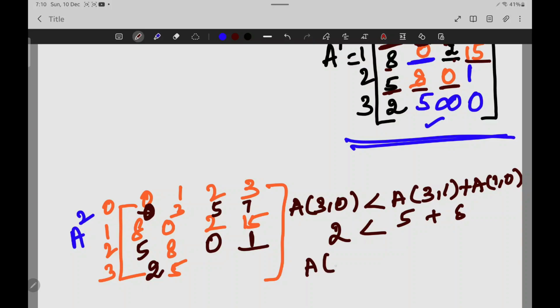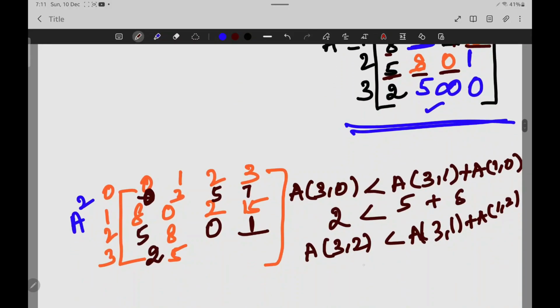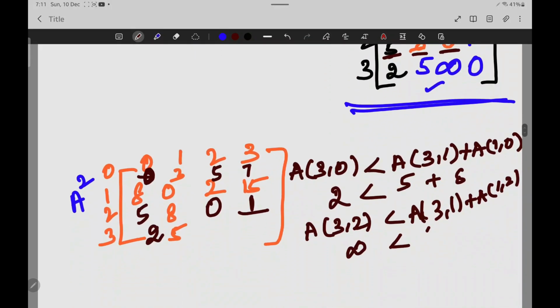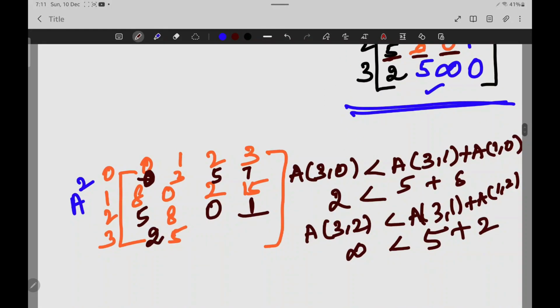So now we need to find the value for 3 comma 2 via 1. So a of 3 comma 1 plus a of 1 comma 2. So 3 comma 2 is infinity, so we can replace the value. So 5, 3 comma 1 is 5 plus 1 comma 2 is 2.